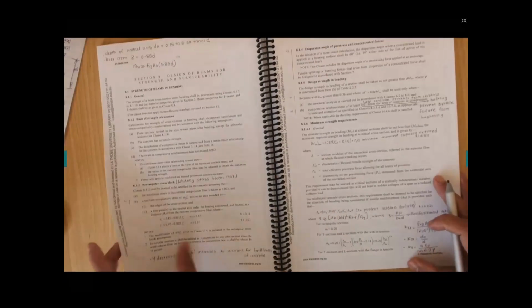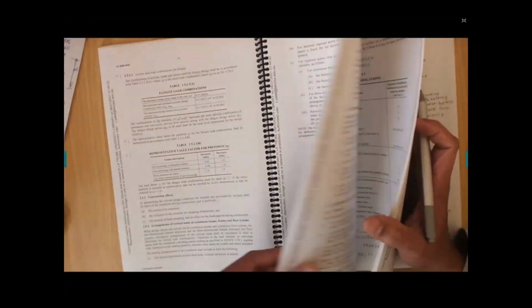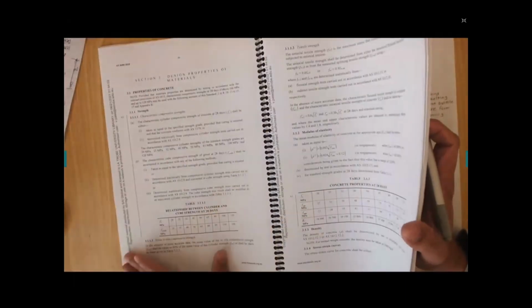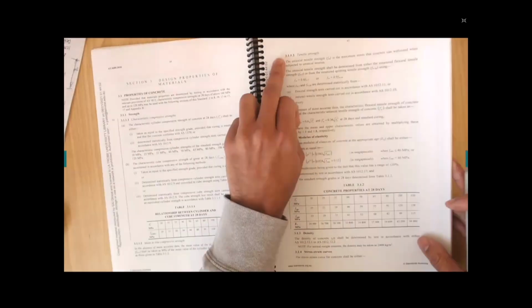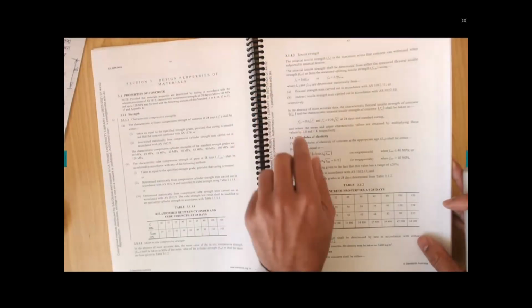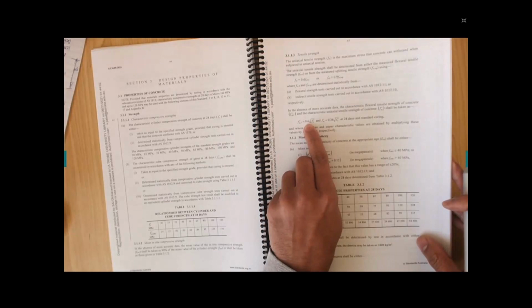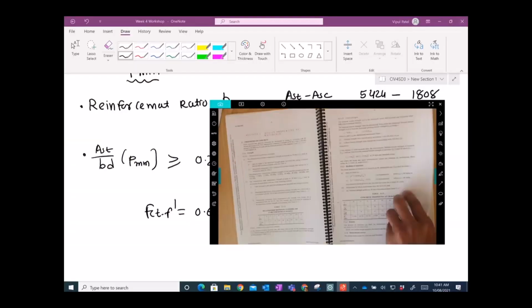If you go back to section number 3, here you go, section 3, clause 3.1.1.3 tensile strength, FCT.F is equal to 0.6 square root 32.